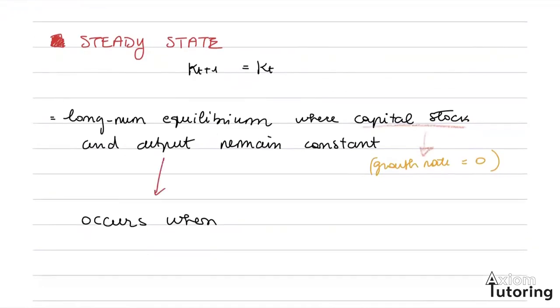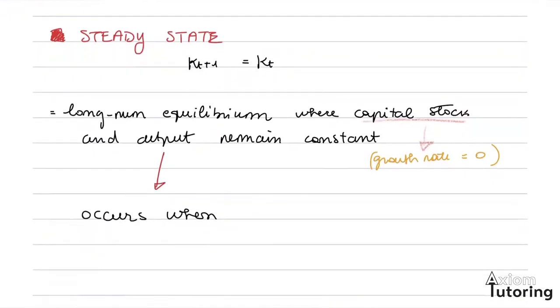When does this happen? Since we said the capital accumulates if investment is greater than depreciation, it is going to reach the steady state when we have investment equals to depreciation.